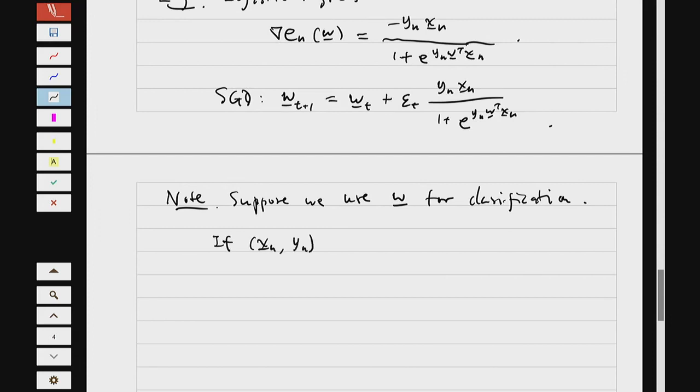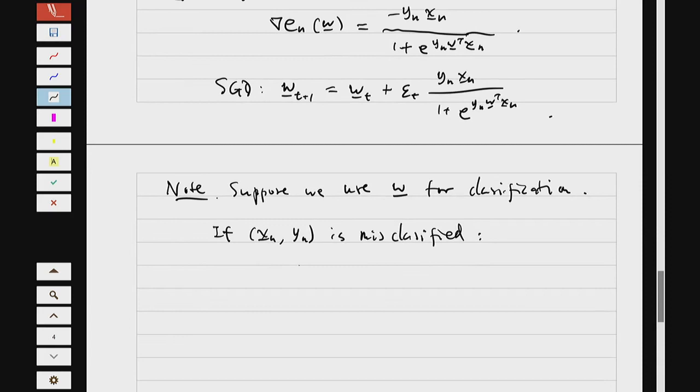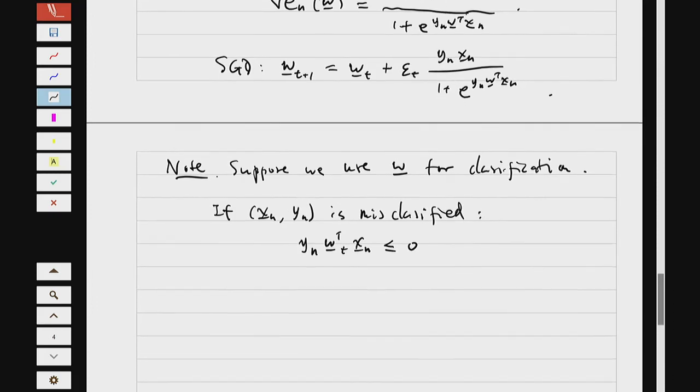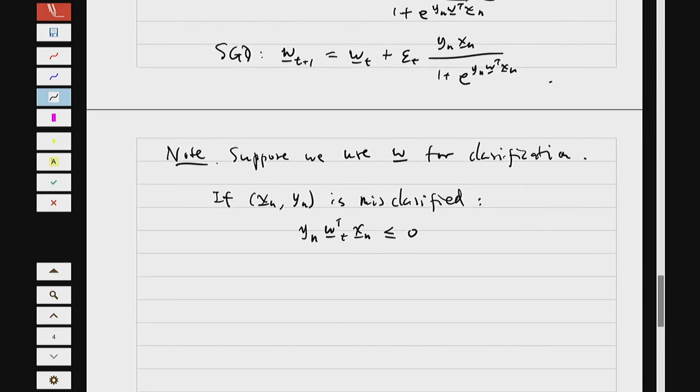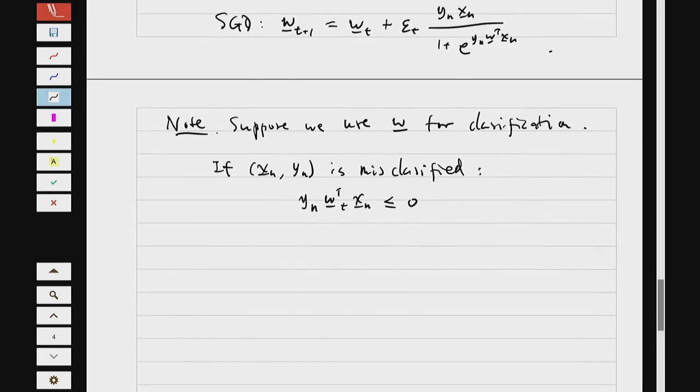What happens if x_n, y_n is misclassified? From our previous analysis, that means this product is less than or equal to 0. If it's strictly greater than 0, then it's a correctly classified point, from what we have done in the linear classification case.